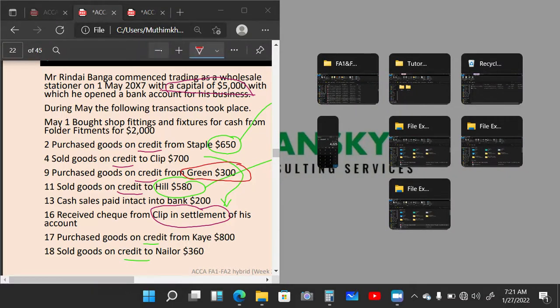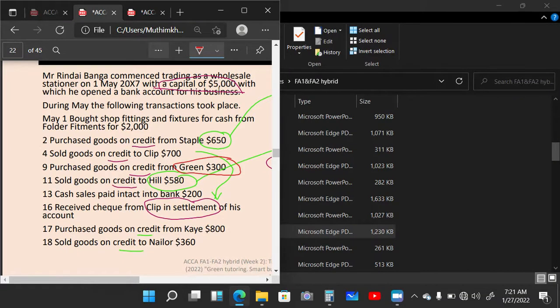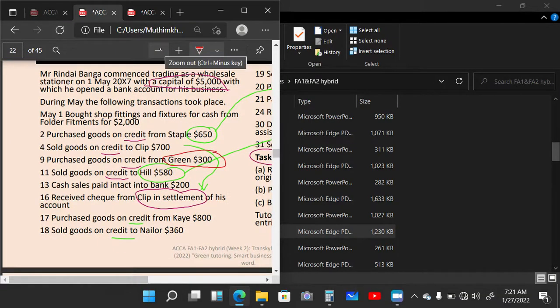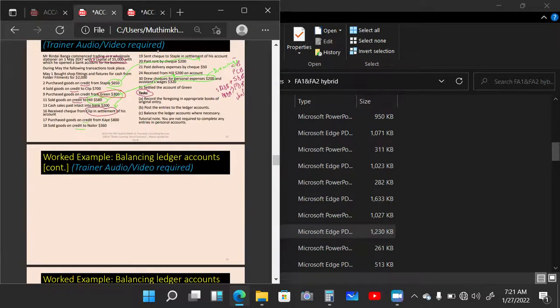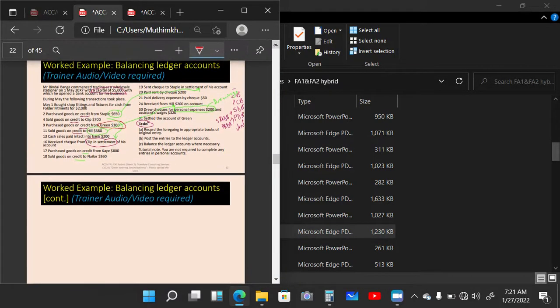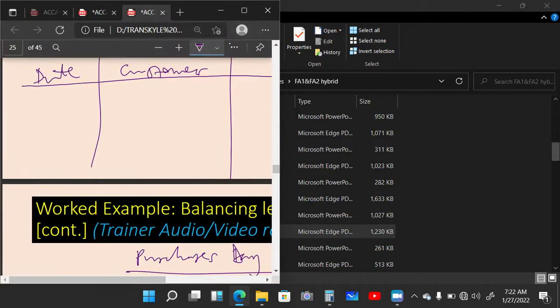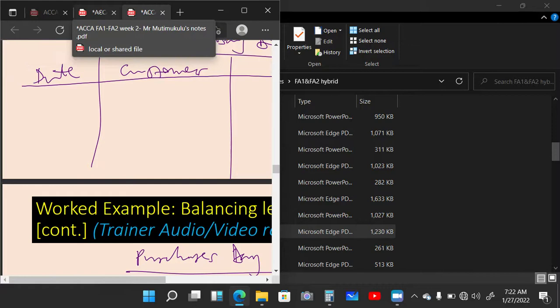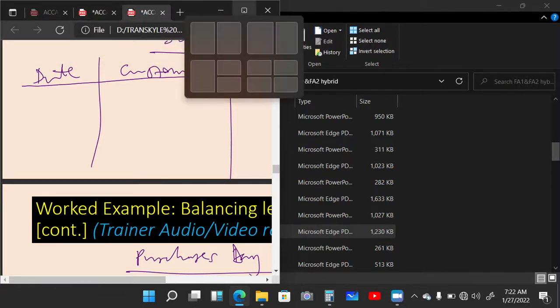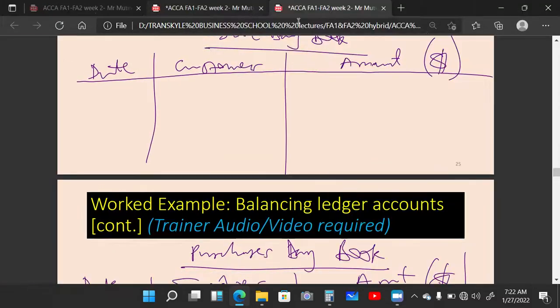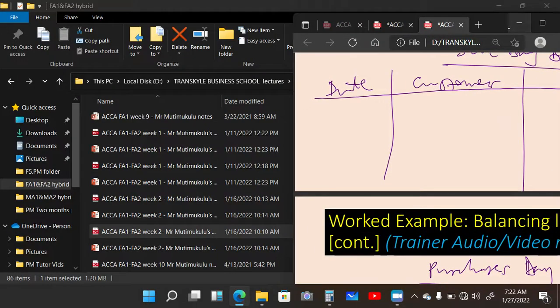It might not work, but I think it should work here. Okay, then we've got this here. I sense some disaster.